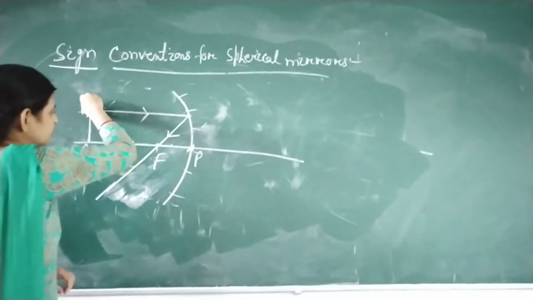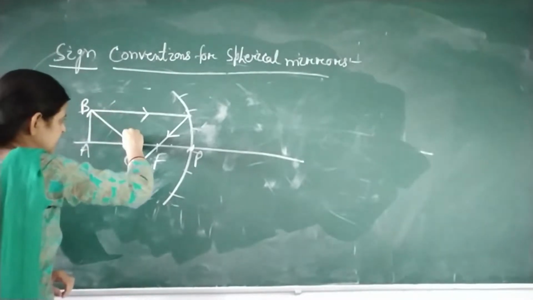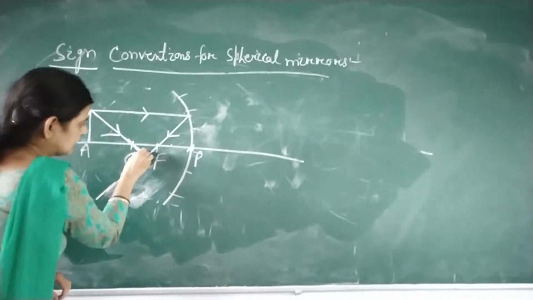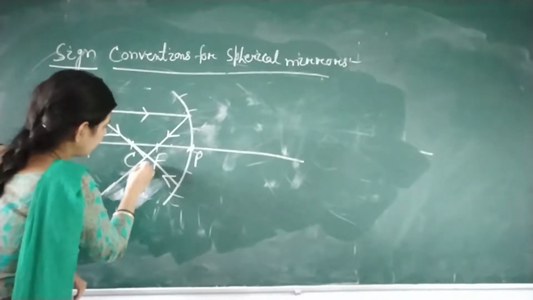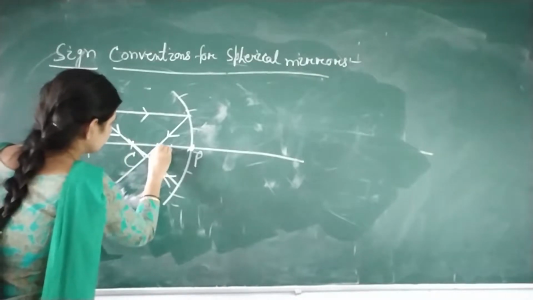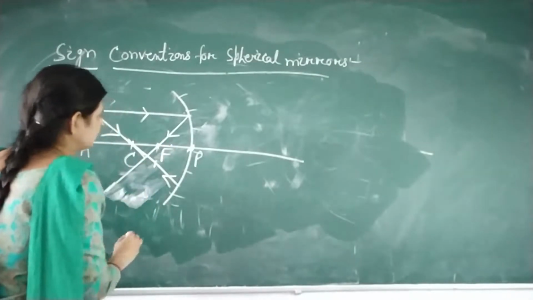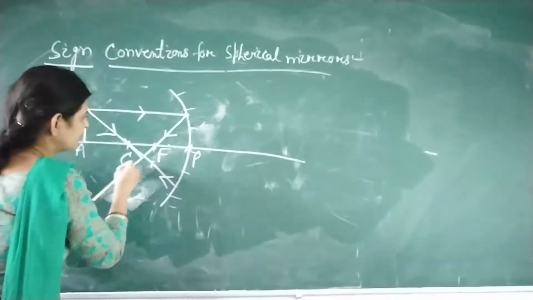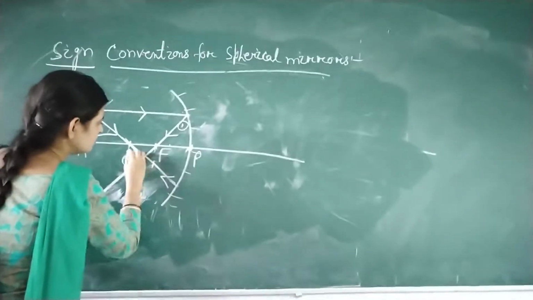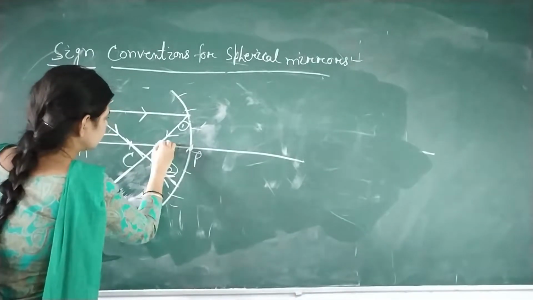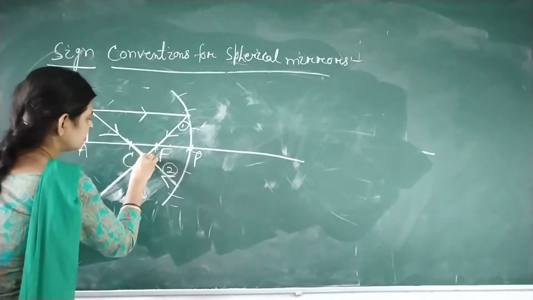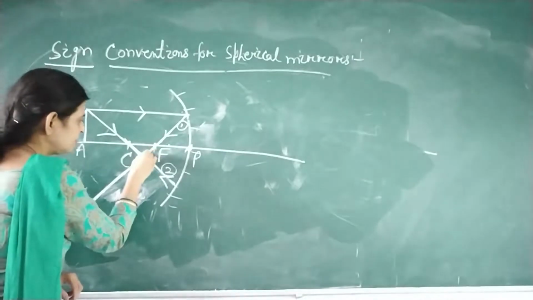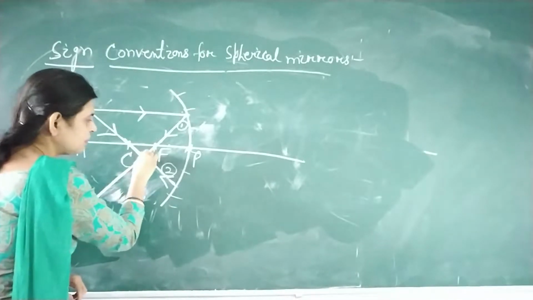Applying the third rule: if the incident ray is passing through the center of curvature, then it will reflect back along the same path. Now observe the two reflected rays. They are intersecting at this point. That means at this point the image will be formed.